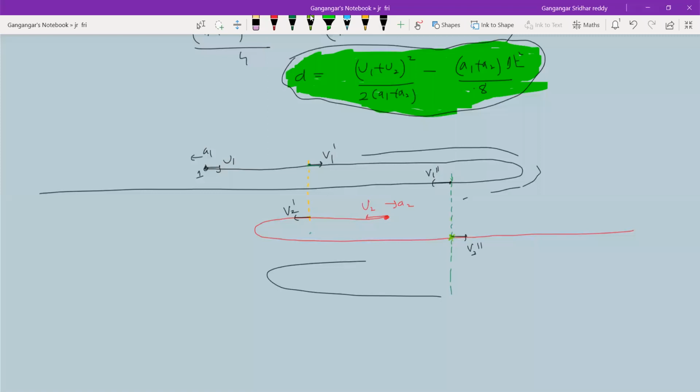Once after getting the answer, come back and analyze what is actually going on here. This dotted line I'm just showing here. So only twice can they meet. This I'll write time t1, and this is t2.